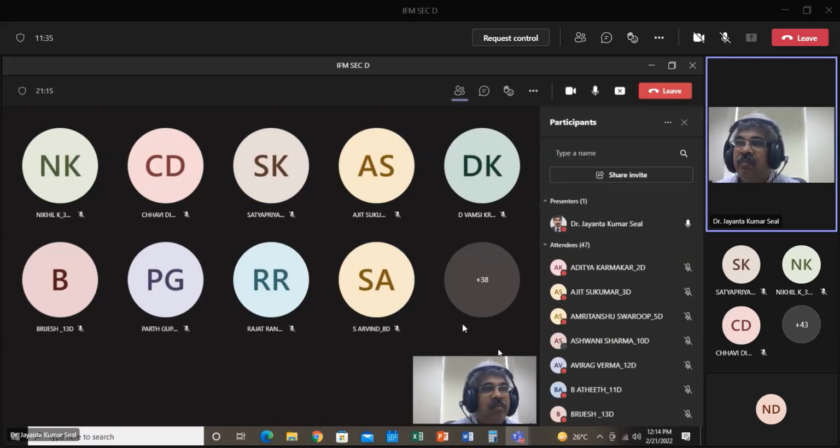Initially it was started by the Japanese car makers in the late 80s. Especially Toyota, Honda: when they started, they were capturing US markets, and when the cost of production in Japan had gone up, they shifted their base to China.